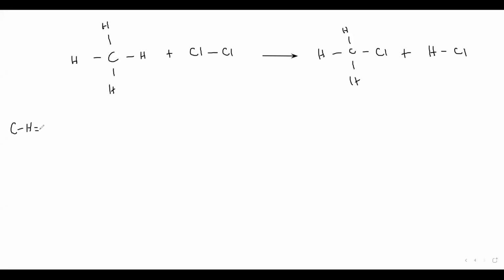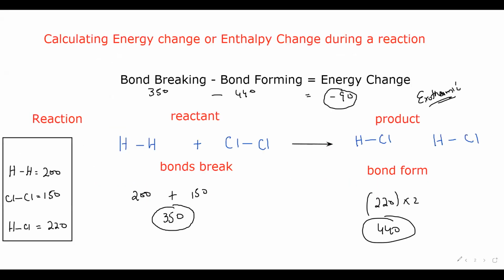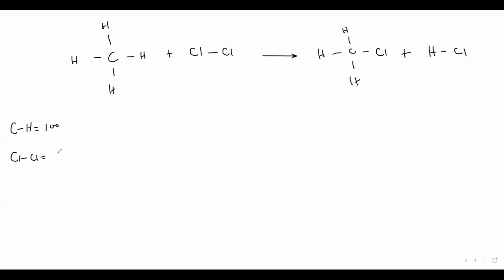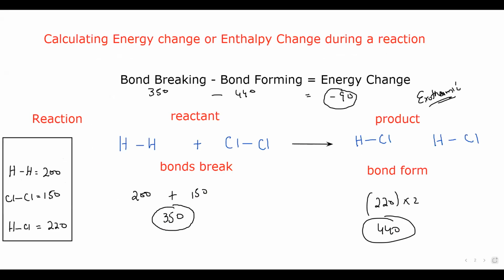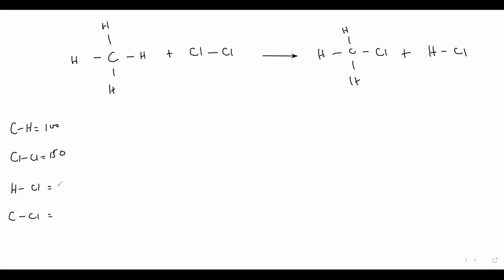The C-H bond energy is given, for example 100. The Cl-Cl bond energy is given, that is 150. The H-Cl bond energy is 220, and the C-Cl bond energy is, for example, 40. These numbers will be given. You don't have to memorize.